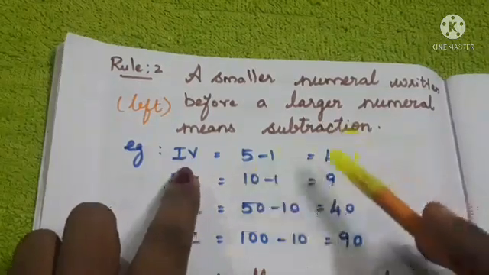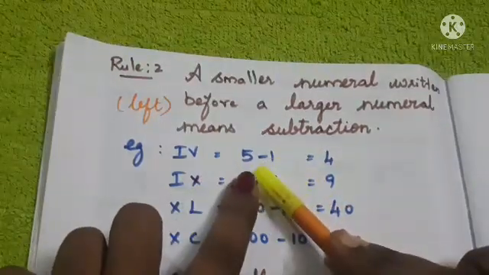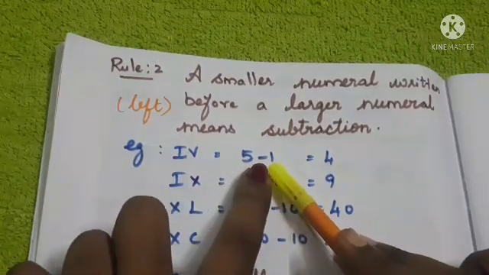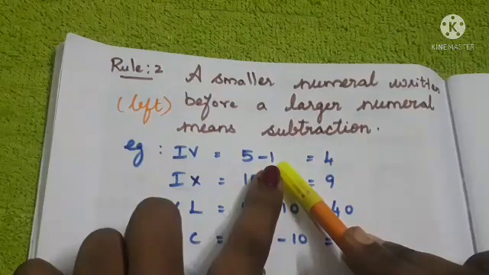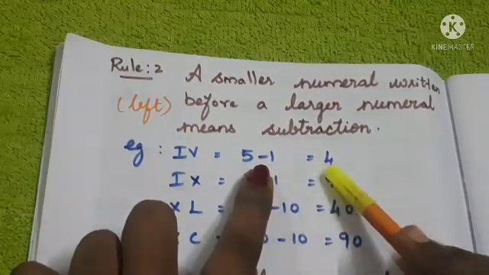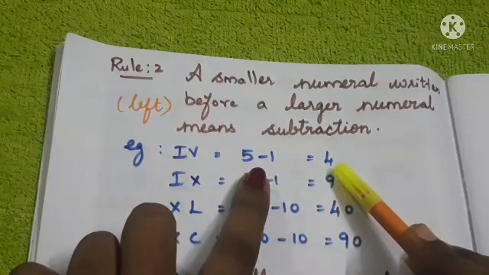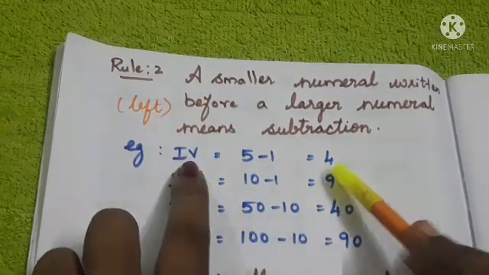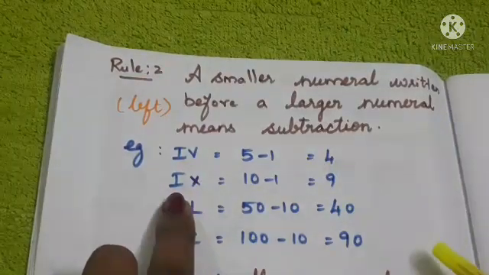So here we first write the bigger value, that is V. V means 5. 5 minus 1, we have to subtract. Okay, 5 minus 1 you will get 4. So how to write the 4 in the Roman numeral? IV.